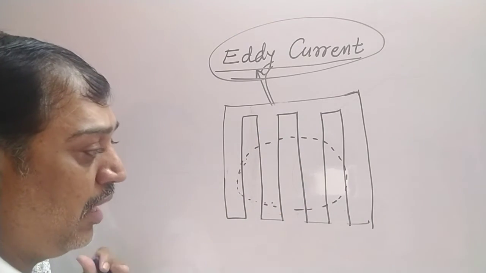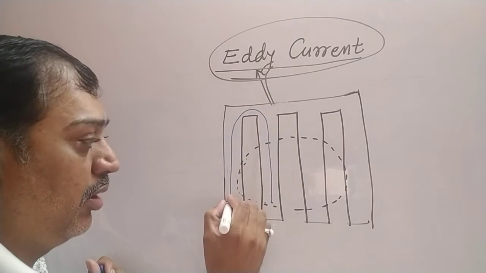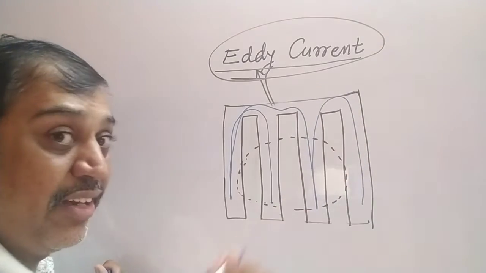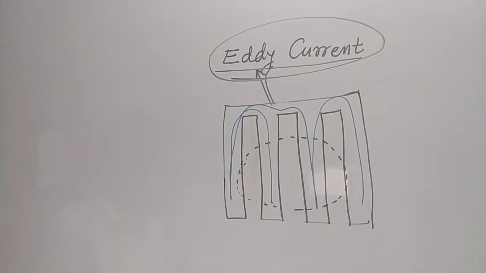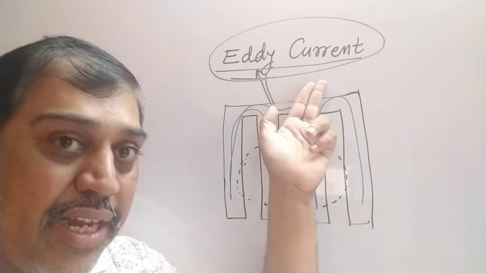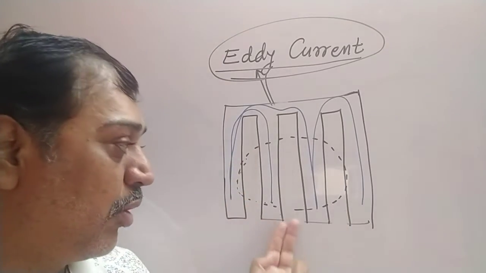So to travel, it has to go here and come here, again go here and come here. It will take a lot of time, and that will reduce the heat produced in a conductor due to eddy current. Heat produced in a metal conductor can be reduced by making such grooves in the plate.